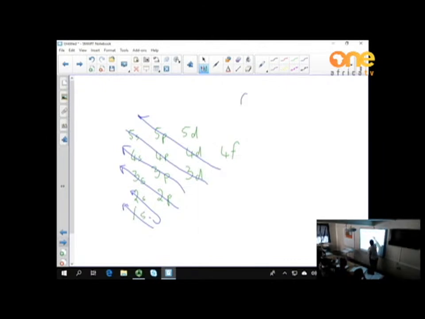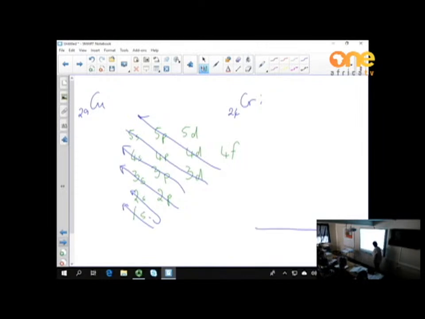We have chromium and we have copper. Chromium has 24 protons, and copper has 29 protons. So let's do the distribution of chromium first.